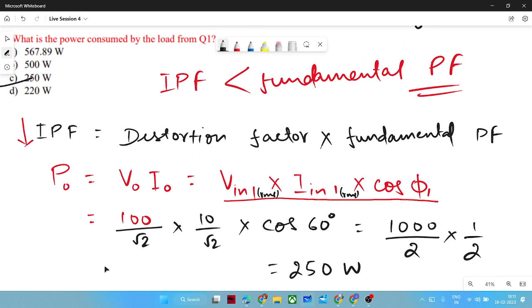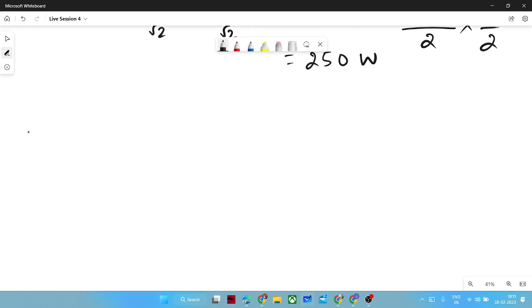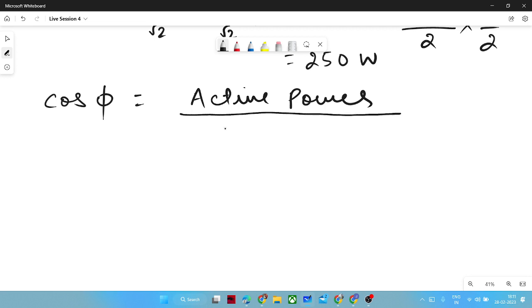And now since we obtained the active power, and we know the relationship between power factor and active power is active power divided by apparent power. So now in apparent power, we have to consider all the terms which constitute the current as well as voltage.